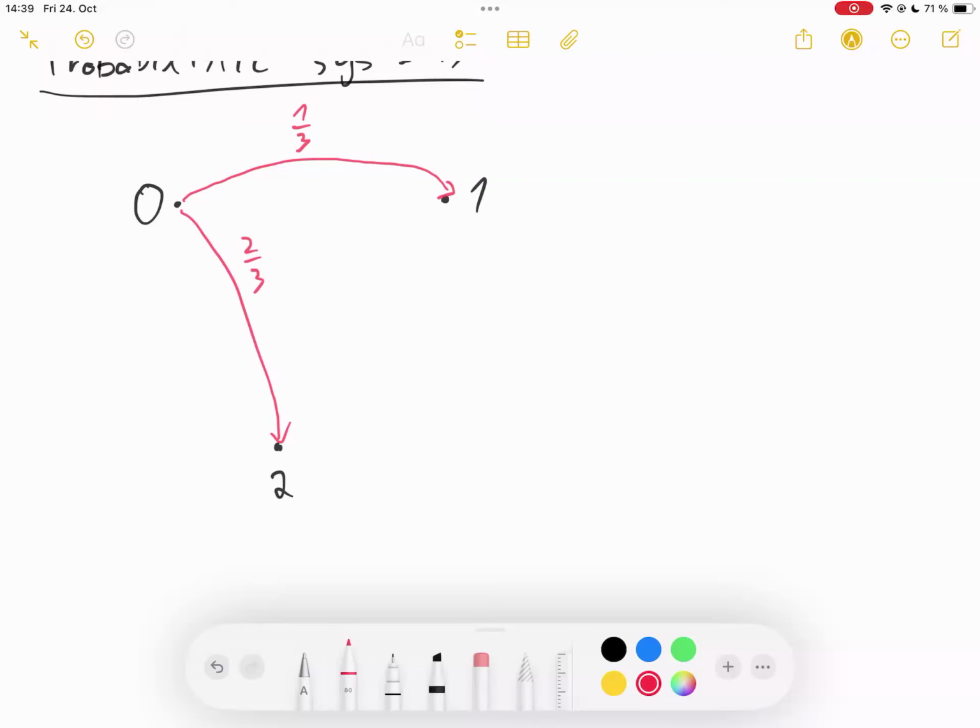Then if we look at position 1, there is a 1/6 probability it moves from 1 to 0. There is a 1/3 probability it moves from 1 to 2. And we will add a loop: there is a half probability it stays in position 1.